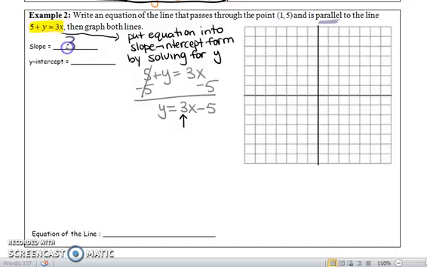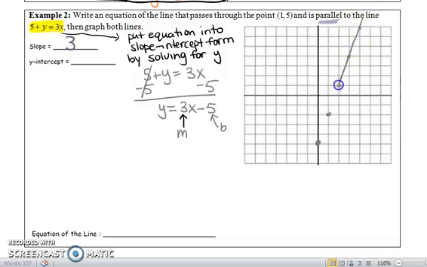So let's go ahead and graph the given line. The given line has, again, a y-intercept of -5. That's our b, and that's our slope. So a y-intercept of 1, 2, 3, 4, 5, and a slope of 3. So 1, 2, 3 up 1, 1, 2, 3 over 1.